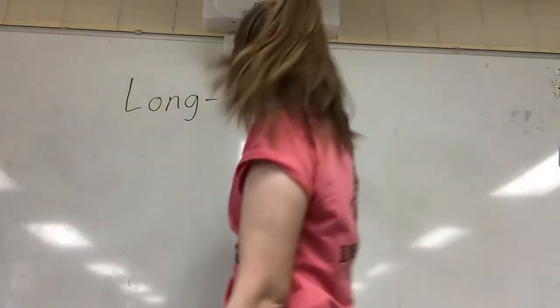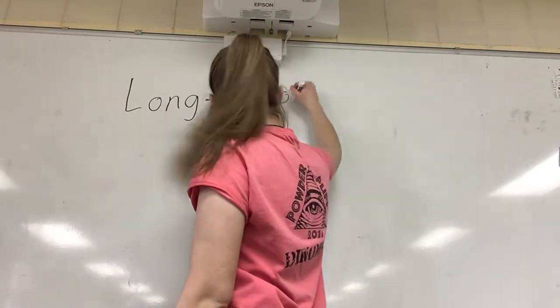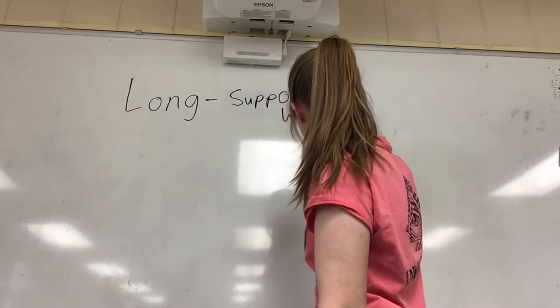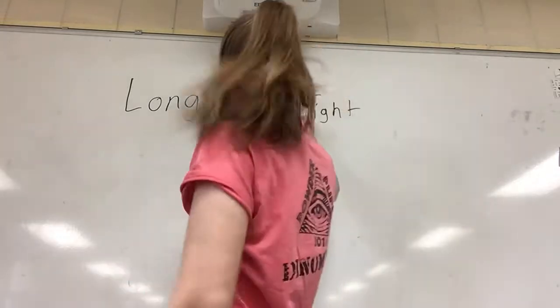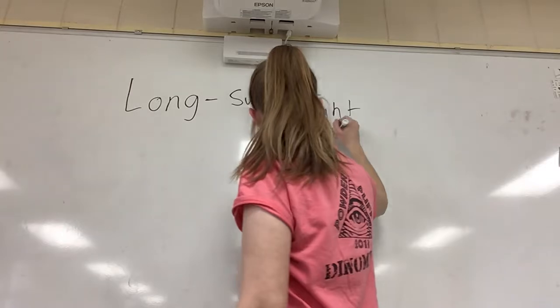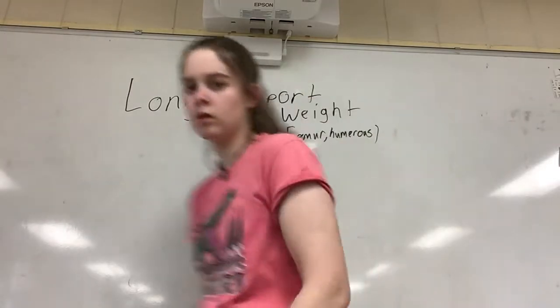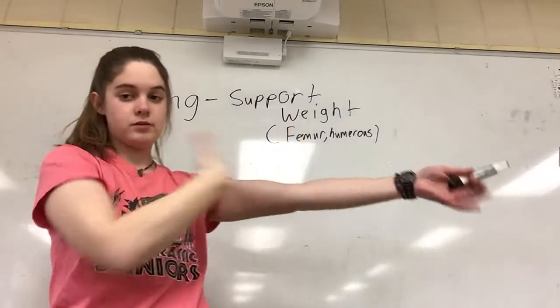The big thing is they support weight. Two examples would be your femur and your humerus. Your femur and your humerus, long bones, they're long, they support weight, movement, that sort of thing.